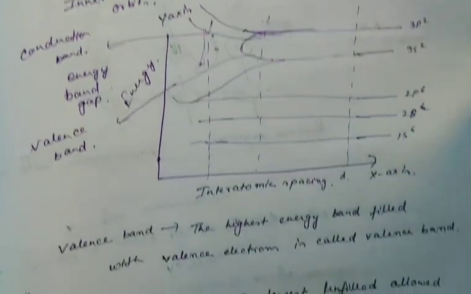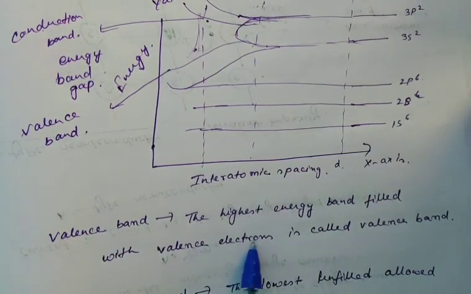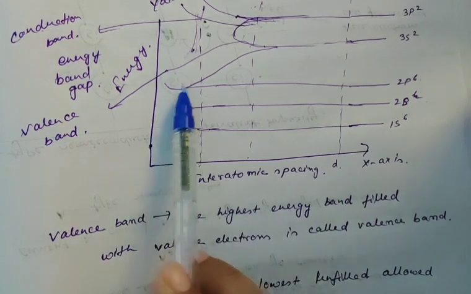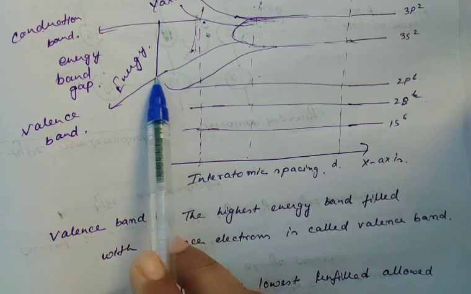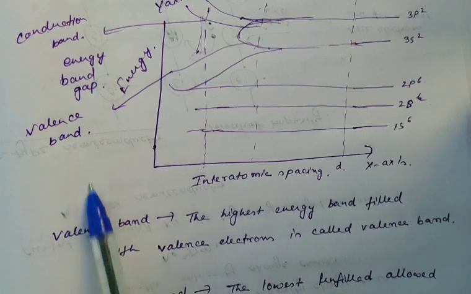So the highest energy band filled with valence electrons is called the valence band. That is, the uppermost energy band which is filled with valence electrons is called the valence band.